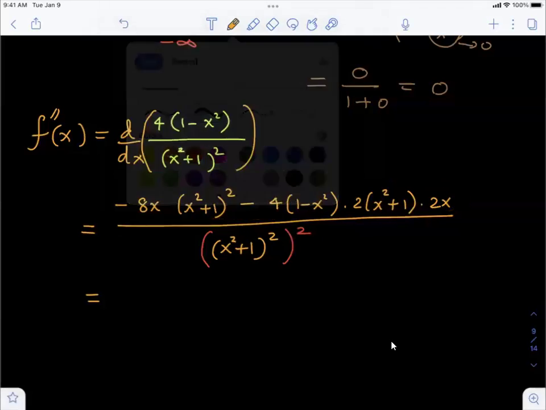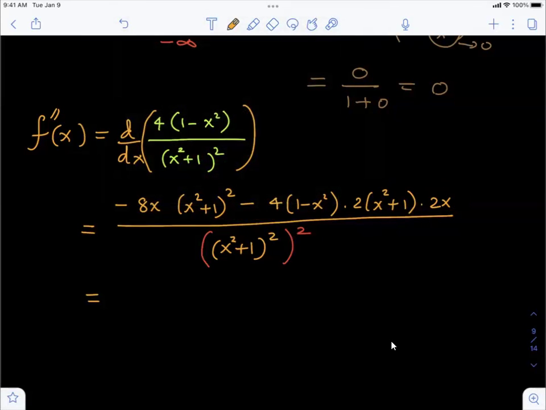And now let's simplify. So the numerator will give you negative 8x and then one copy of this. Can you see there's one copy of x squared plus 1 available? And how do you get negative 8x out of the rest?